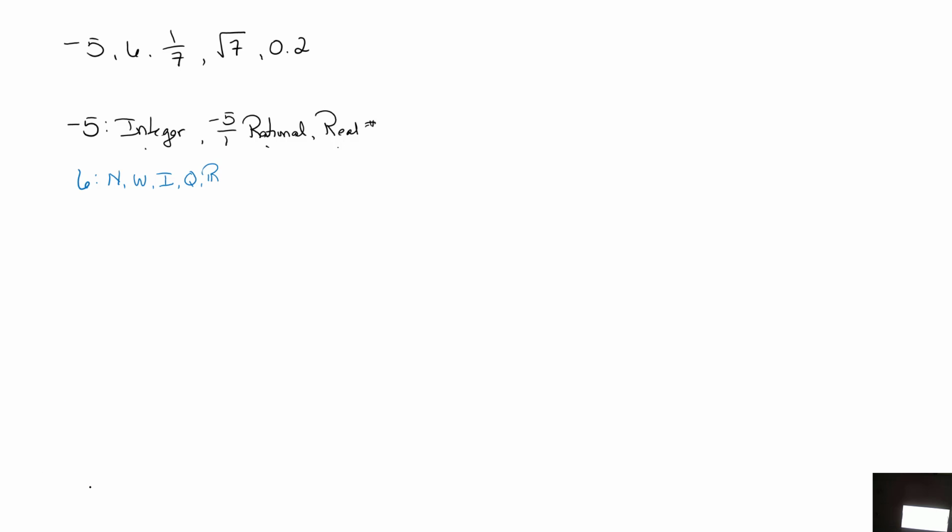Let's talk about this 1/7. Okay, well so far that's pretty easy because since it's a fraction, we automatically know it's a rational number. That's the first place a fraction appears, is in the rational number world.